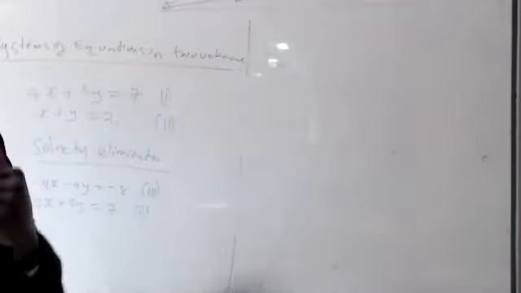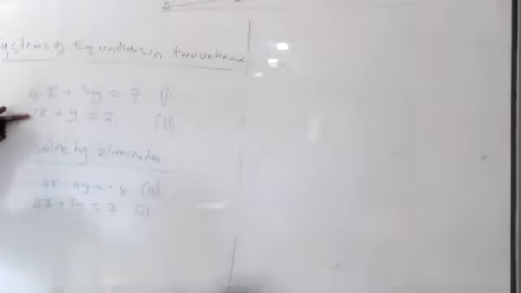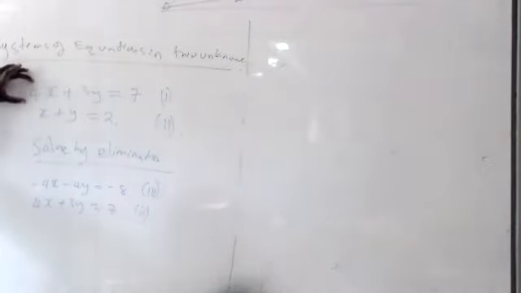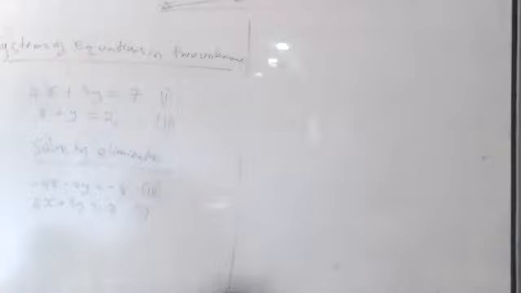If I want to eliminate by addition, then I make the coefficient of x in this second equation an additive inverse of the coefficient of x in the first equation. So in the first equation, we have 4. Additive inverse of 4 is -4. So I make the coefficient of x here -4. The only way to do this without changing the meaning of the equation is to multiply the whole equation by -4.